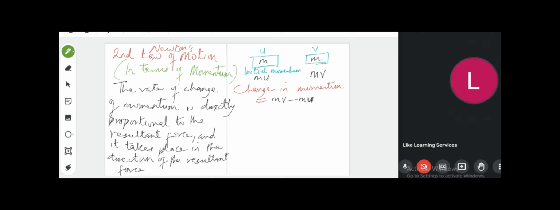I think we can write it better so that it will come out clearer.